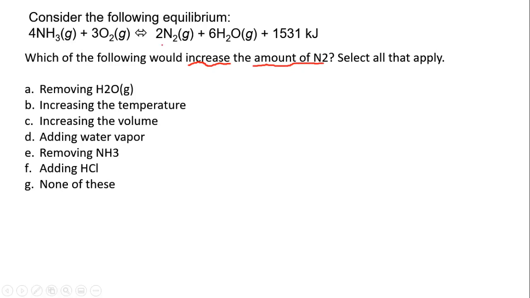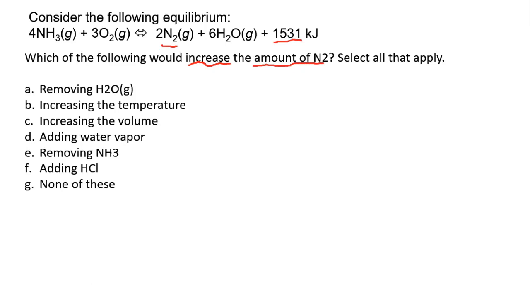N2 is a product, and again, it's exothermic because heat is a product. So we want to know which one of the changes we can do to increase the amount of N2. What we're going to do is go through each one of these changes and see which way equilibrium will shift, and we'll come back and answer the question.